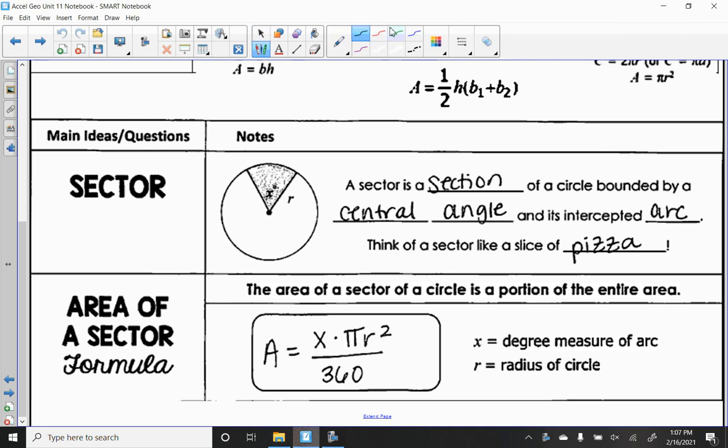You need the measurement of the arc on the sector, and you need a radius.